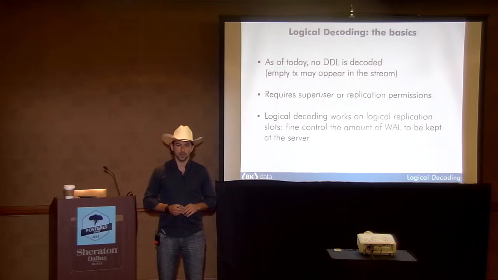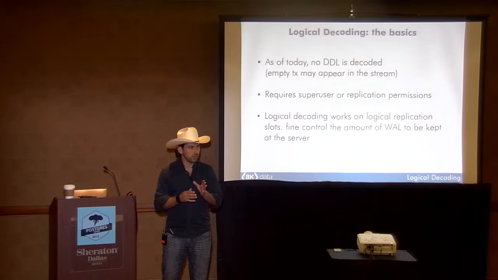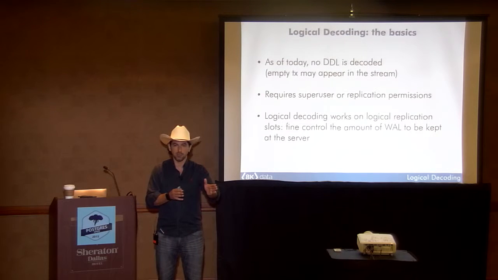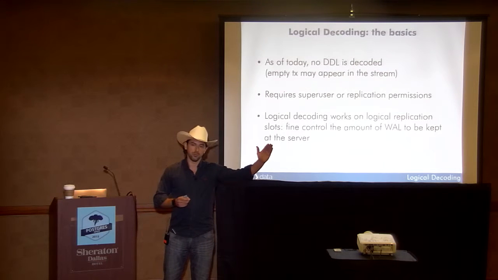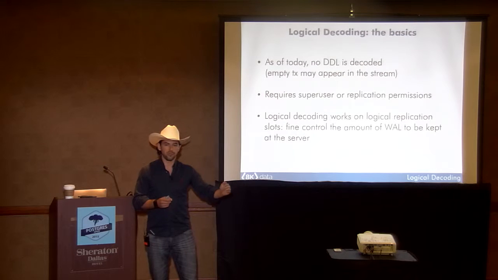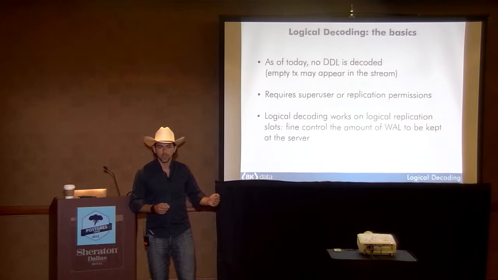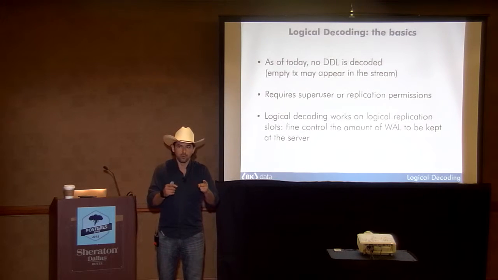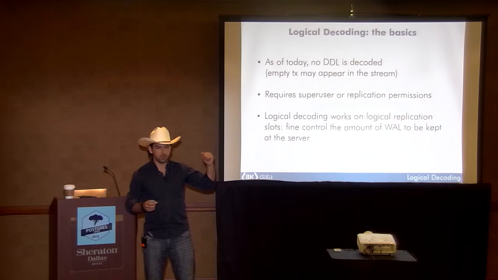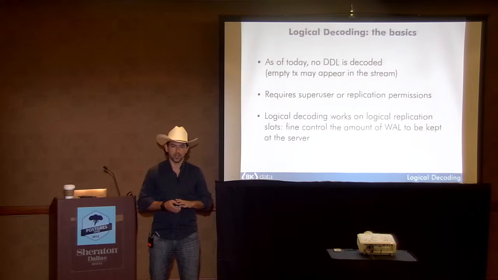Basically, you're going to say, okay, I want to keep all the data changes that happen in the WAL files from this moment in time until I consume them, until I have read and processed them. So the Postgres server will basically open a window and keep the data in the window for you. So logical decoding works on top of the logical replication slots.